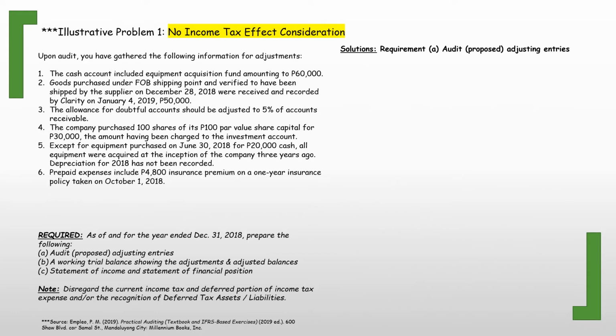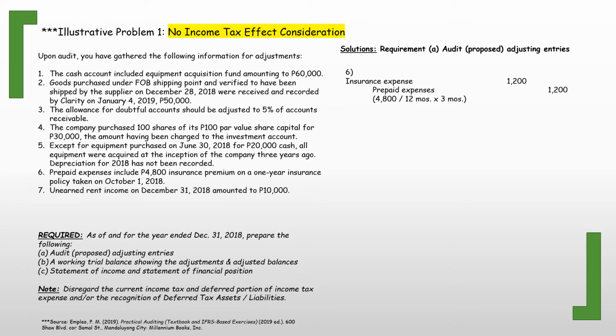Next is prepaid expenses include 4,800 insurance premium on 1-year insurance policy taken on October 1, 2018. Our adjusting entry is debit insurance expense 1,200, credit prepaid expenses 1,200. So we have recognized the expired portion of the prepaid insurance.